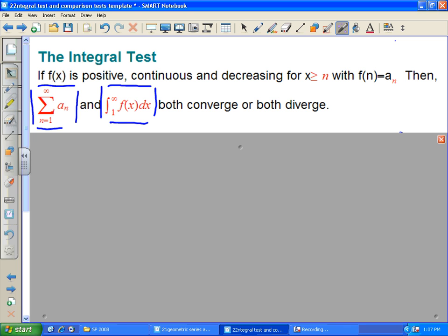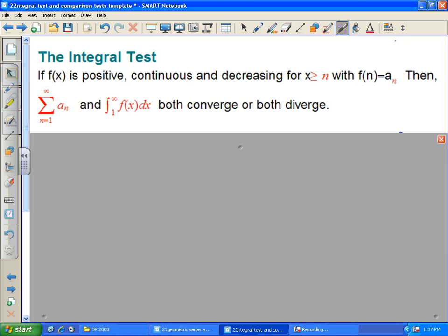So for example, if you were trying to determine the summation of 1 over n from 1 to infinity, instead take the integral of 1 over x from 1 to infinity. And further it's saying that if the integral converges, then the series will converge. If the integral diverges, then the series will diverge.